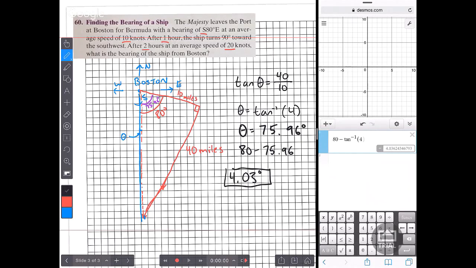And so this angle, theta, is, oh, I used theta already. Maybe I should use a different angle. How about this angle, alpha, equals 4.03 degrees. And so the bearing for Boston to reach the ship is now south 4.03 degrees east.